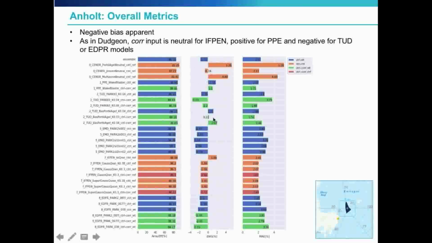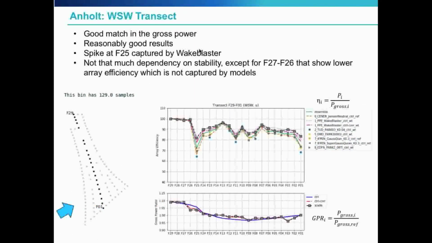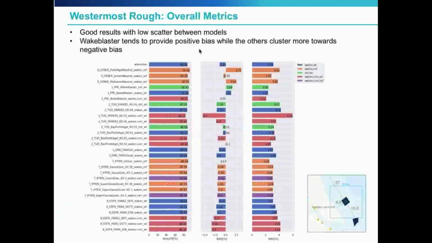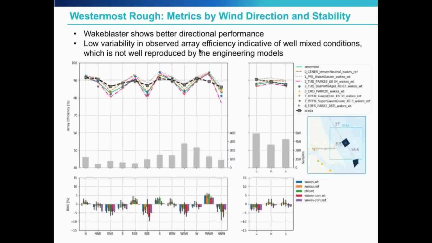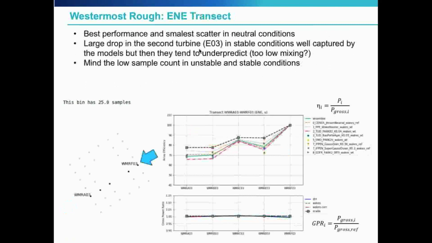And then you typically see this underprediction of the array efficiency, which is the main tendency. Westernmost Rough is the case where we had the best agreement. Some flow cases are really good, some others are not so good, as you could expect.